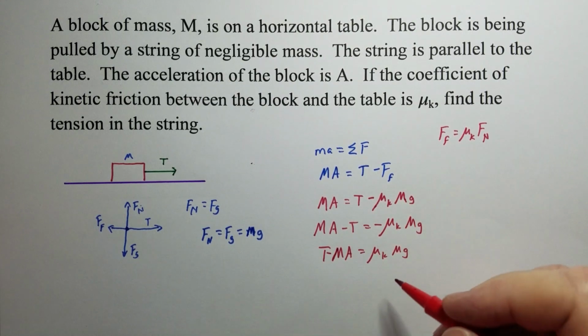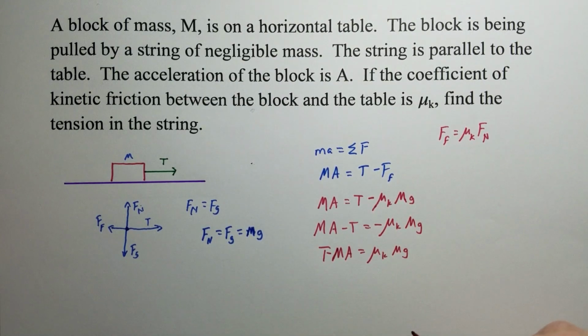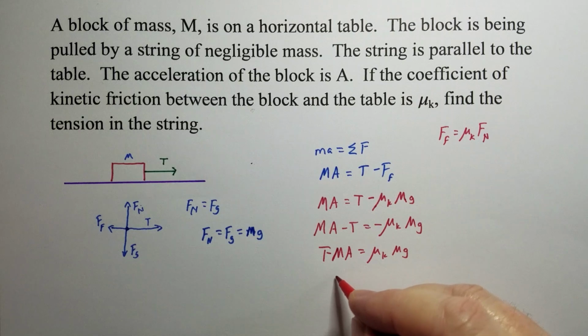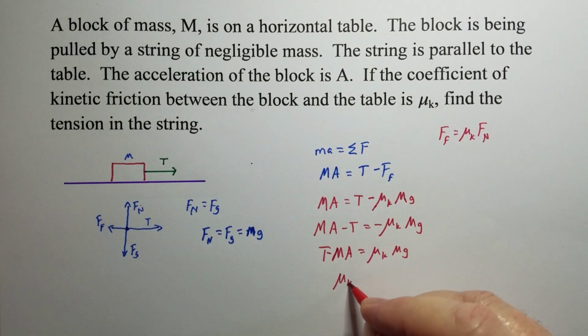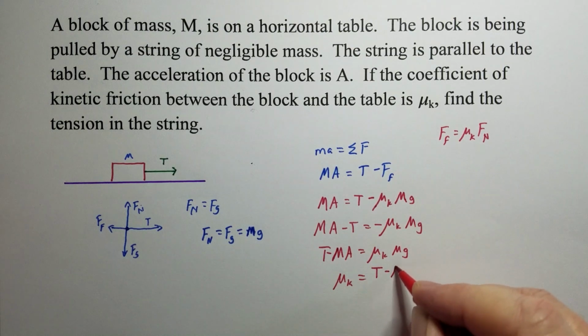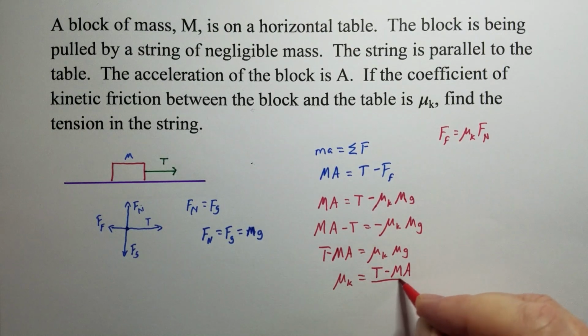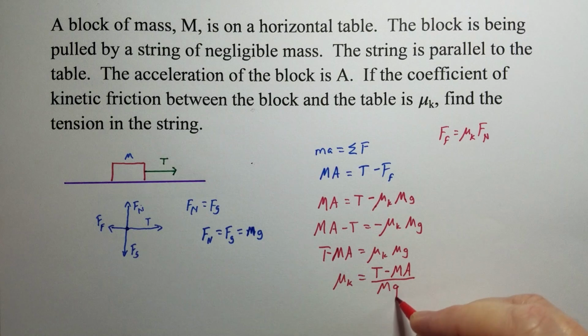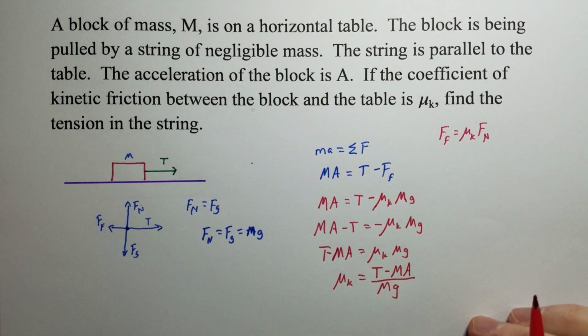And then we're going to divide both sides by mg. So we get mu k, which is the coefficient of kinetic friction, equals T minus ma divided by mg. So that would be the coefficient of kinetic friction.